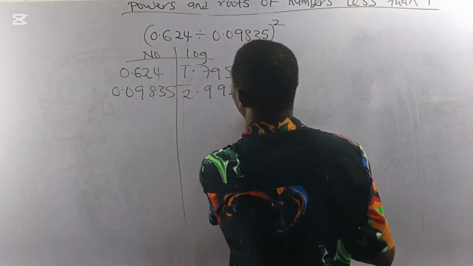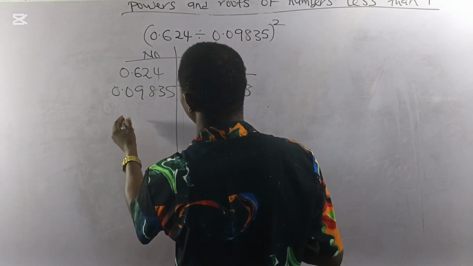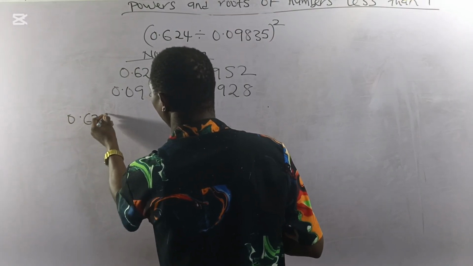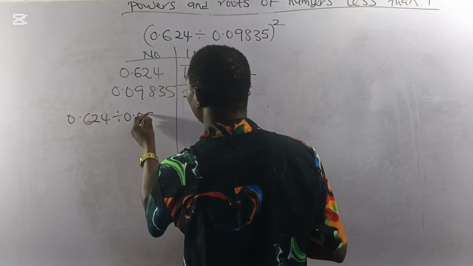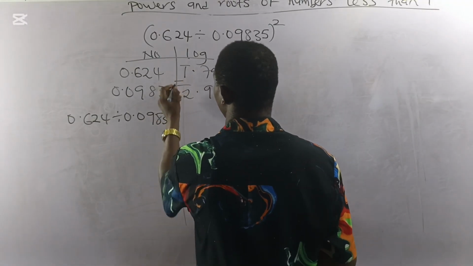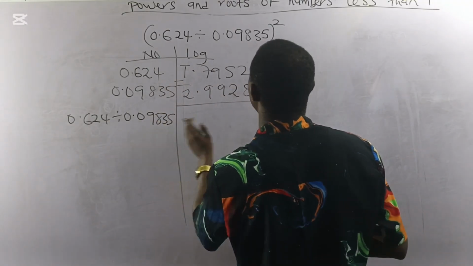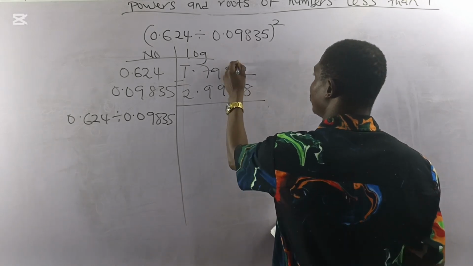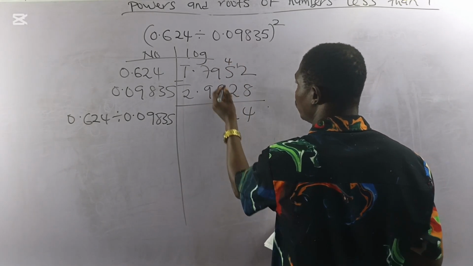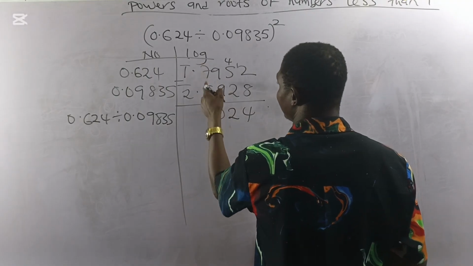9928. So because of the division sign, I have 0.624 divided by 0.09835. I'll take the subtraction because of the division. Now, 2 cannot minus 8. 12 minus 8 will give me 4. Left with 4. 4 minus 2 is 2. 9 minus 9 is 0. 7 minus 8 cannot.